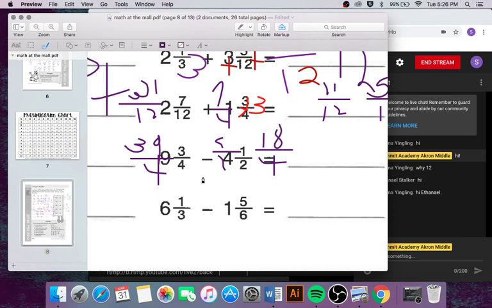Okay. Now that they're both over the same denominator, we can subtract. So we're going to subtract 39 minus 18, which is 21 over 4.